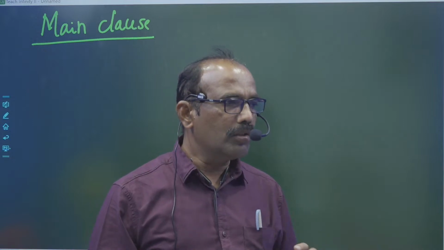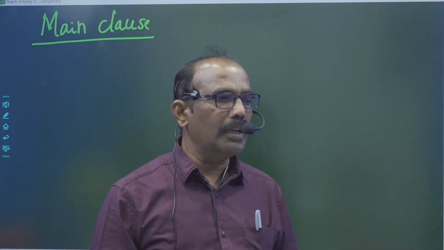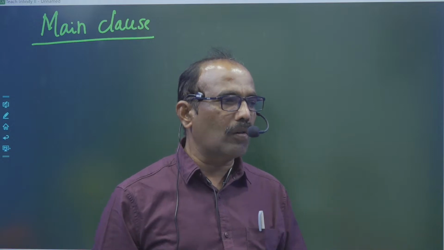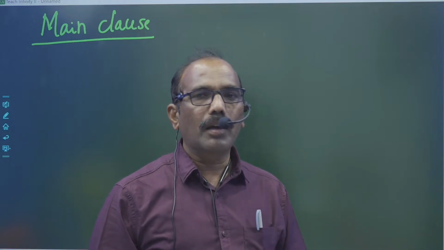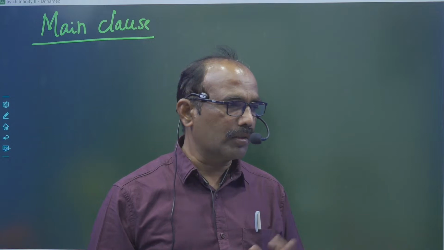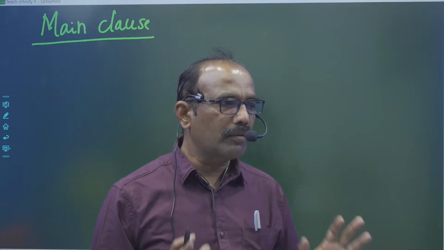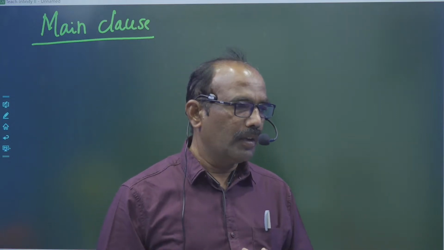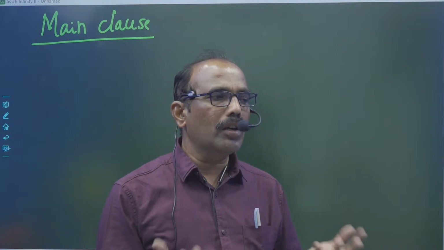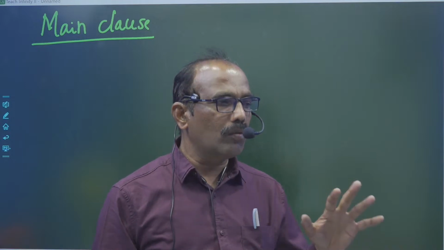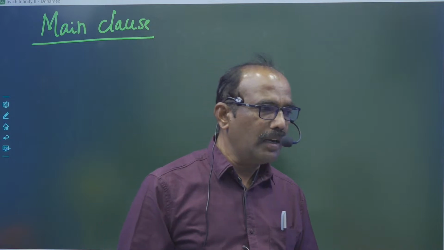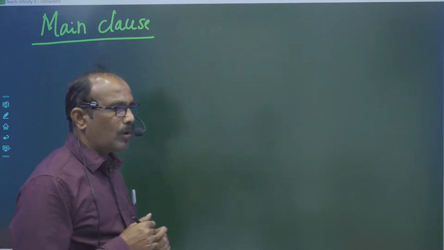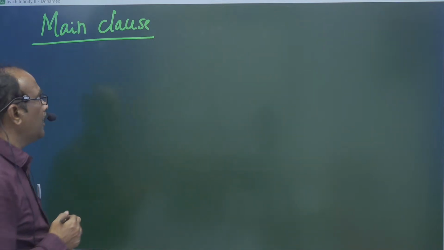The clause which gives the complete meaning on its own, that is called a main clause or independent clause. ತನ್ನ ಬಲದ ಮೇಲೆ ಸ್ವತಂತ್ರ ಅರ್ಥವನ್ನ ಕೊಡುವಂಥದ್ದು. And the clause which cannot give the meaning on its own is called a dependent clause or the subordinate clause ಅಂತ ನಾವು ಅದನ್ನ ಇಂಡಿಕೇಟ್ ಮಾಡ್ತೀವಿ.